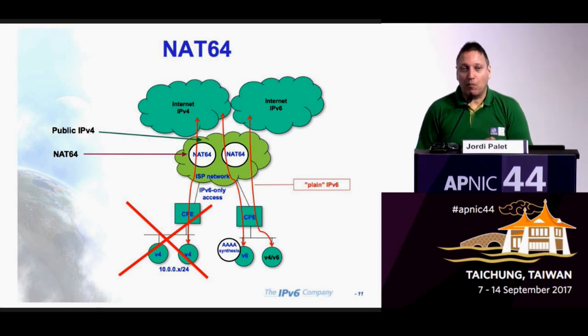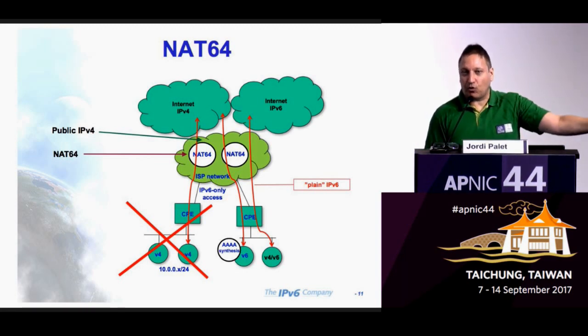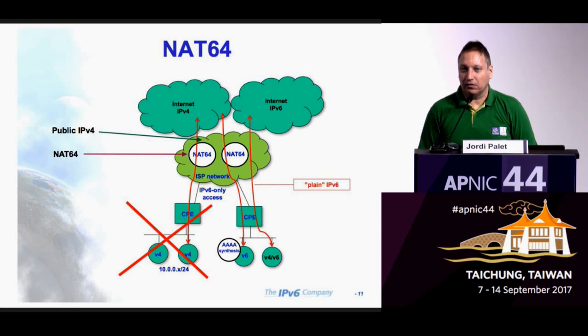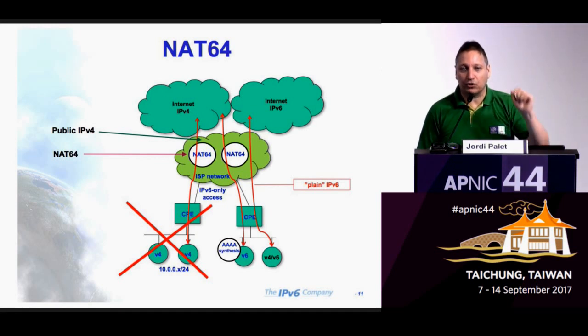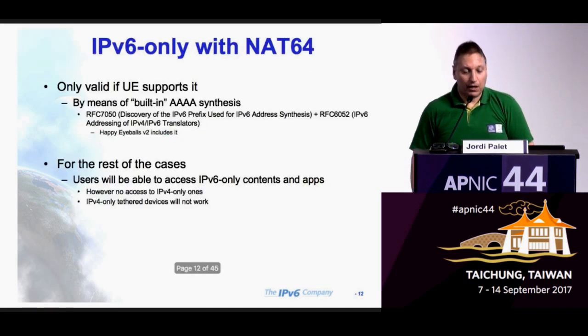So there are some operating systems that have a built-in Quad-A record synthesis. What that means is that they put in front of the IPv4 address the well-known prefix that I described in the previous slide, okay? So that's it, very simple. You just add 96 bits with the well-known prefix or the network-specific prefix, and then the NAT64 is doing the translation.